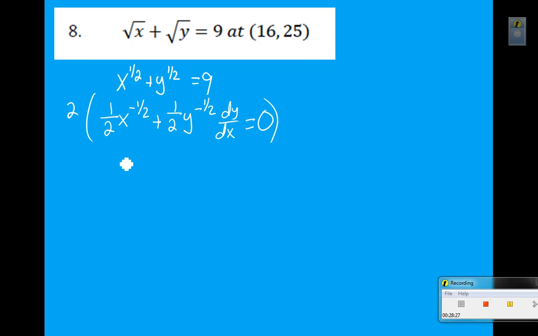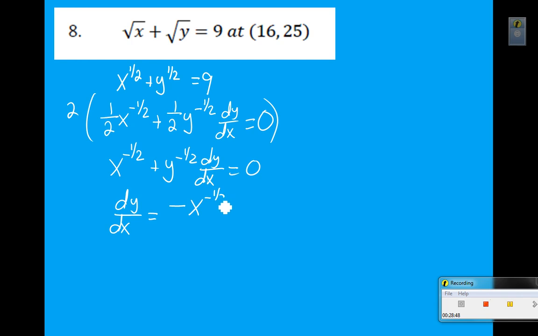Well, if I do that, I'm left with x to the negative 1/2 plus y to the negative 1/2 dy/dx equals 0. And then when I solve this for dy/dx, I have the opposite of x to the negative 1/2 over y to the negative 1/2.